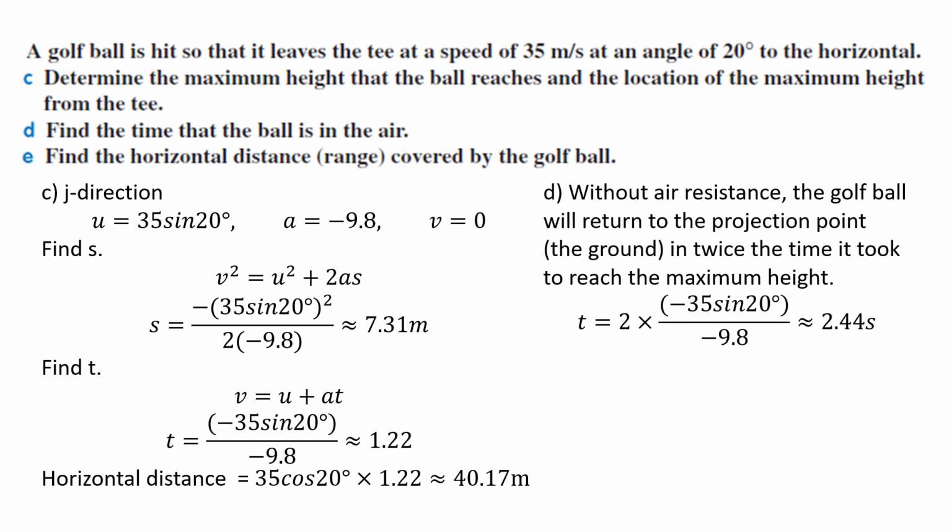And of course, the horizontal distance, the range, in other words, covered by the golf ball, well, we could take the horizontal distance to reach the maximum height, and we could double that as well to talk about the range in which it's traveled. Okay, so really you can see we can simplify the process by using our formulas for constant acceleration.